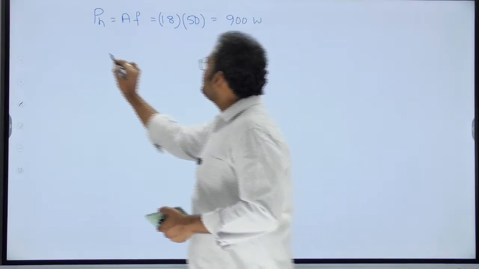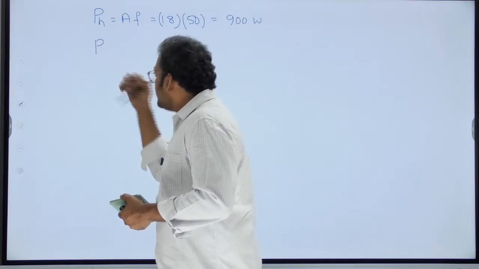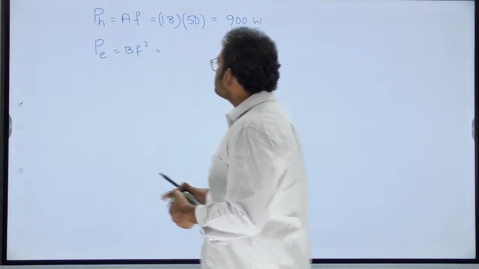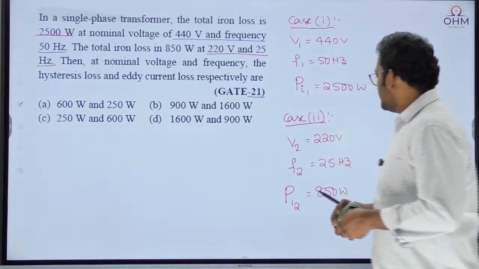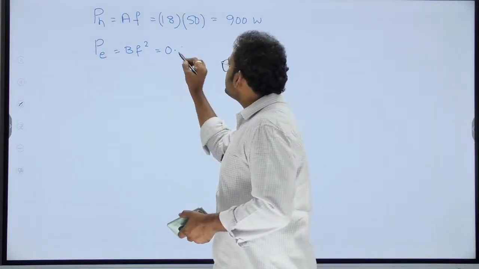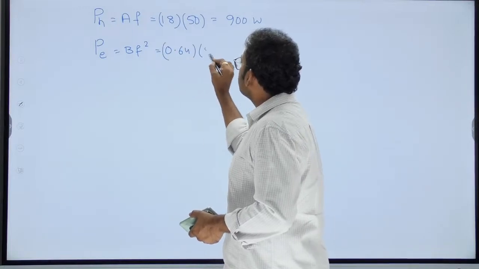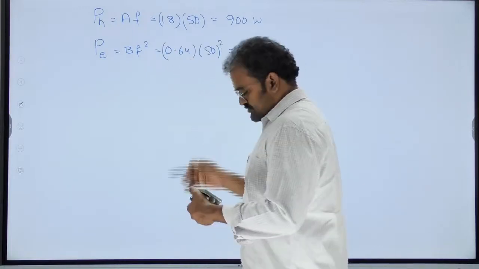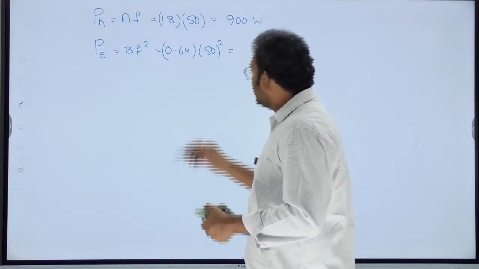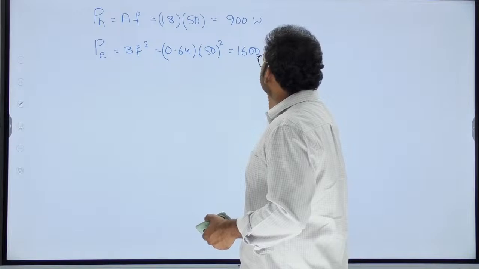Similarly, find out eddy current loss, B into F square. What is the value of B we got? B was 0.64. So 0.64 into 50 square. So 50 square into 0.64, it is 1600 watt.